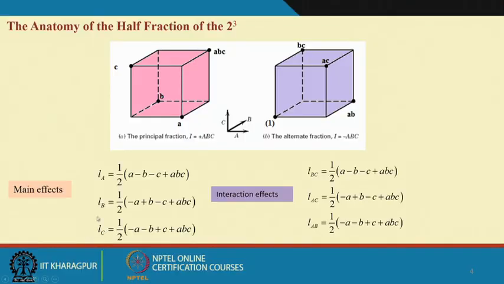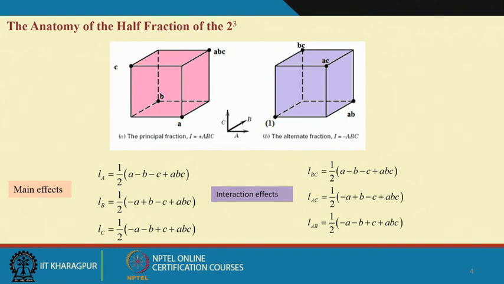So, once you have this kind of design, you know the contrast, you know the effect, and in the slide itself you see LA equal to this, LB, LC. From the table you can find all the contrasts and get the main effects and interaction effects.